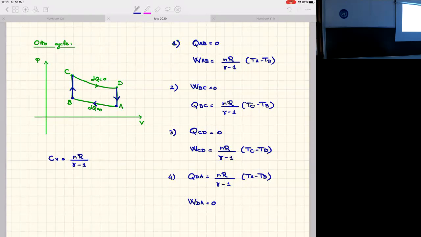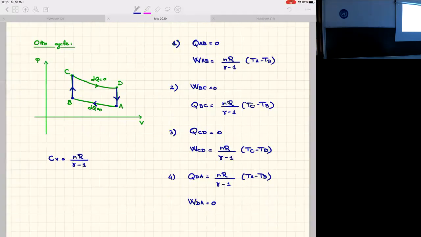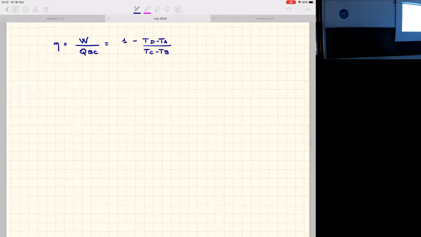Therefore, the heat that I have to pay is Q_BC. And therefore, what I get is that this is equal to 1 minus (TD minus TA) divided by (TC minus TB). We just put in the formulas. You see that W, the total W is nR divided by gamma minus 1, times (TA minus TB plus Tc minus Td). And Q_BC is the same thing divided by (Tc minus TB). So that's why I get this formula.